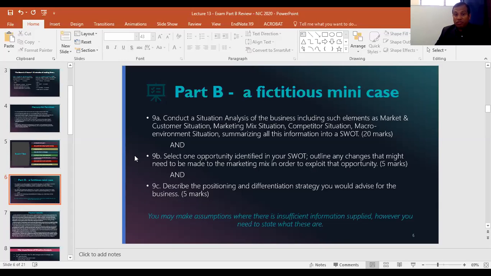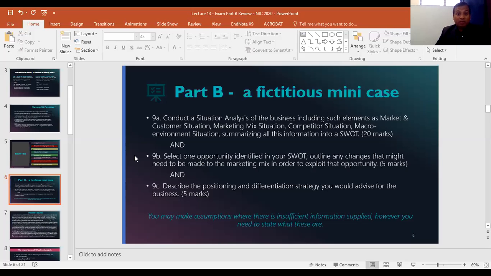And then finally, you have to summarize all the information into a SWOT analysis: strength, weakness, opportunity, and threat. And that will carry 20 marks.